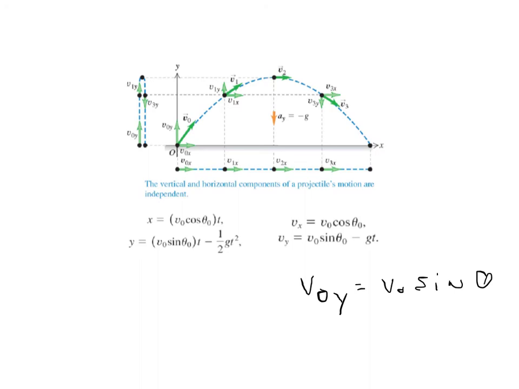But as the object moves through time, the velocity is going to change, so we'll get v equals V0 minus at. Or the original equation of motion for that is simply V final equals V initial plus at. So you're seeing that equation right here.